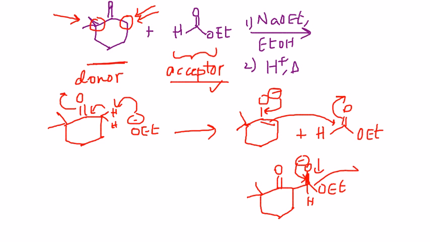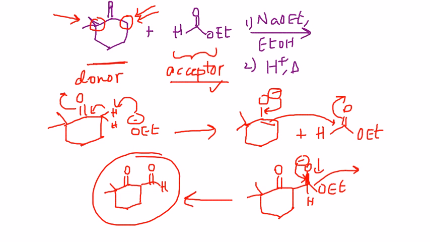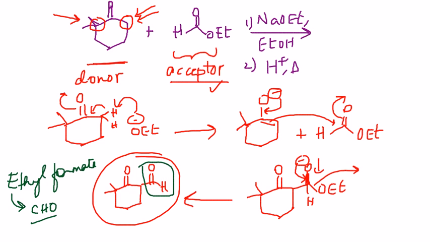When the electrons kick back in, the OEt leaves, and you end up with one carbonyl group within the ring and another carbonyl right outside. So it's a dicarbonyl system that you're going to get at the end of the day. This ethyl formate, I talked about this last class also, but ethyl formate or methyl formate, those are great ways of putting in a CHO group. This is a CHO group, an aldehyde group, via a Claisen type condensation reaction.